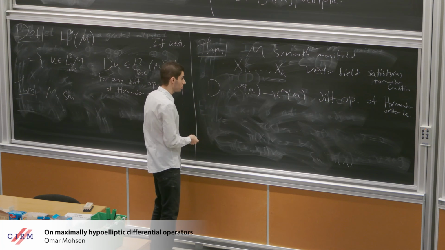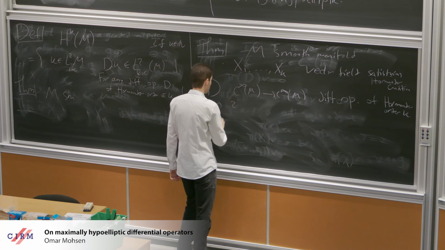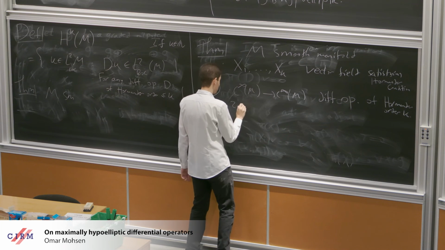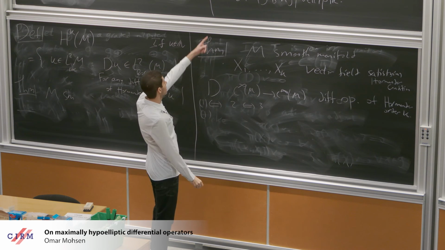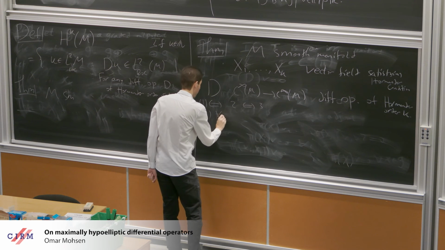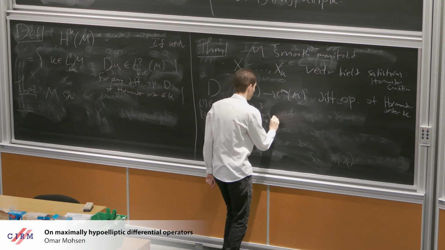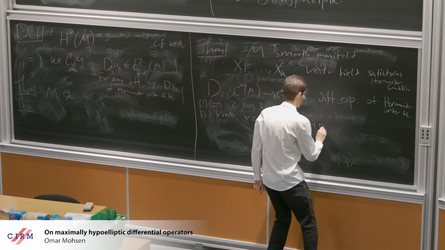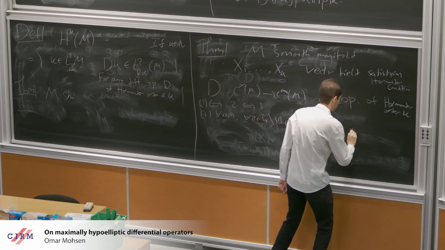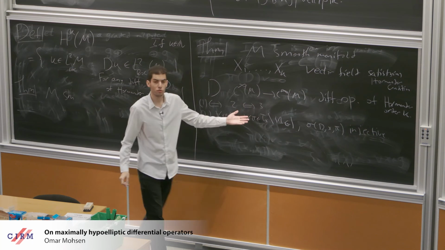So 1 is equivalent to 2, and it's also equivalent to 3. So 1 is the same condition that we have: for every x in M, for every pi in tau x, except the trivial representation, this thing is injective. By the way, it's also equivalent to 4.